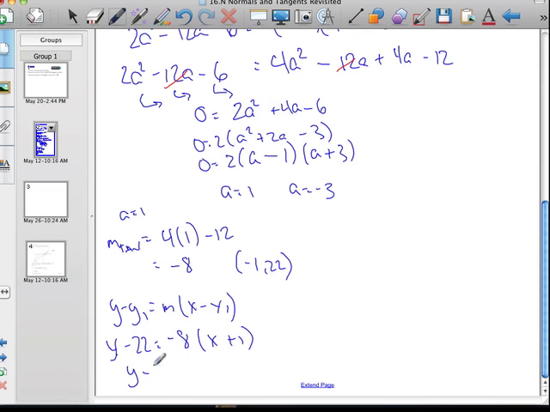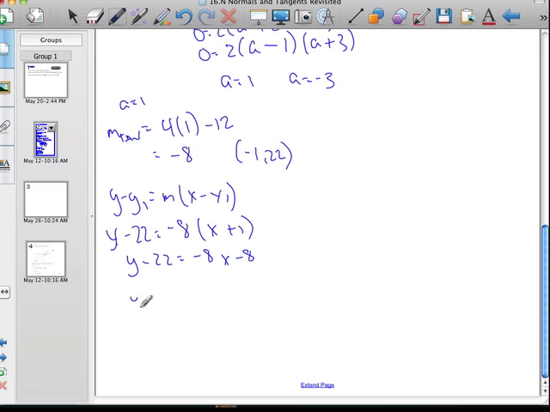So y minus 22 equals negative 8x minus 8. And finally I get y equals negative 8x plus 14. Okay, so here's the one tangent.